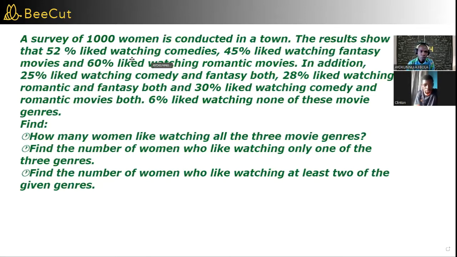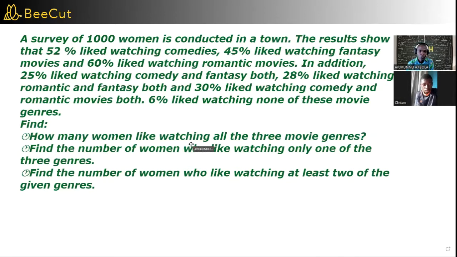The results show that 52% like watching comedies, 45% like watching fantasy movies, and 60% like watching romantic. In addition, 25% like watching comedy and fantasy both. 28% like watching romantic and fantasy, while 30% like watching comedy and romantic. 6% like watching none of these genres.